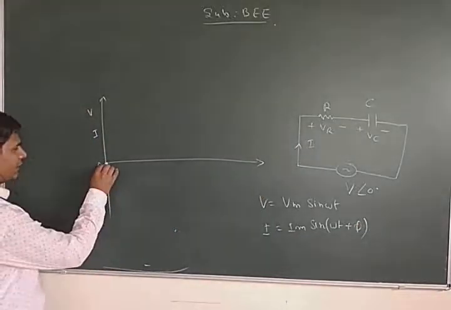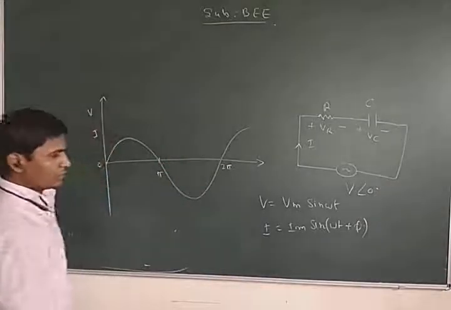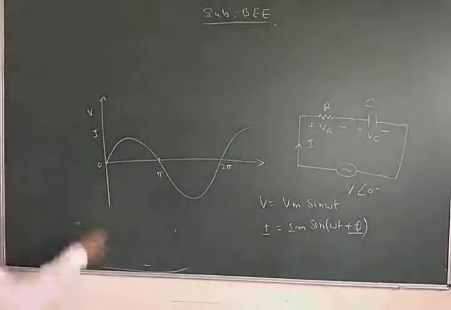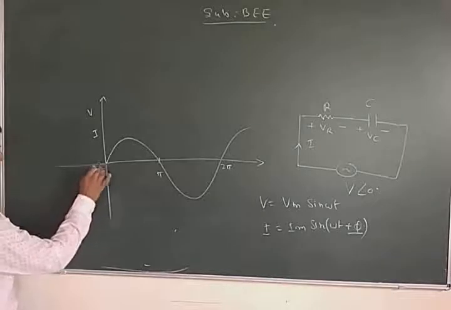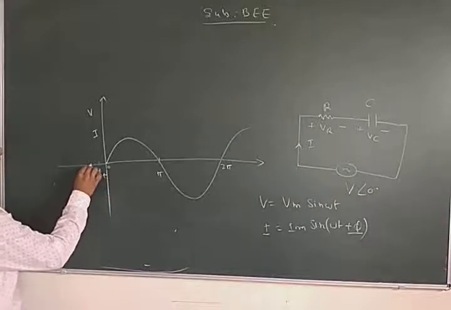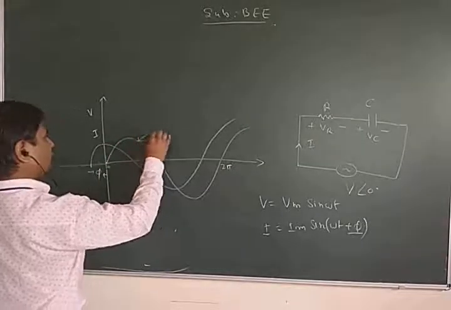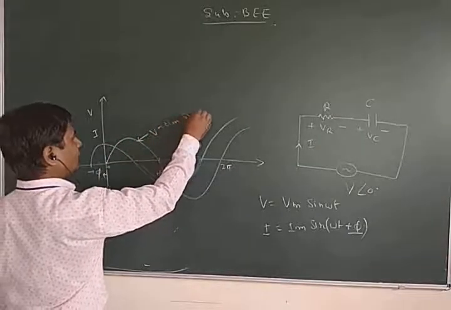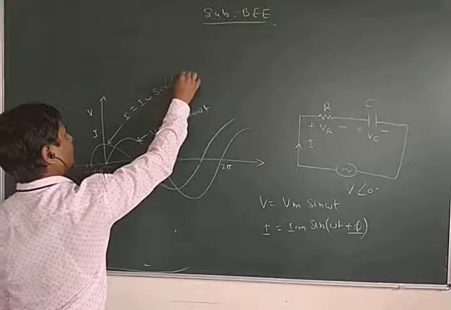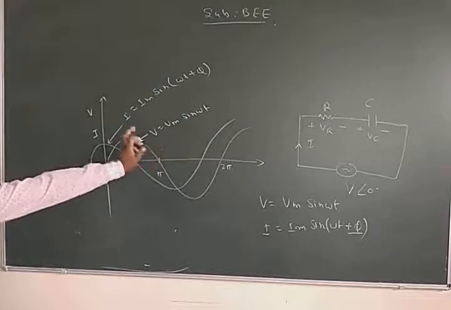So if we take the voltage wave as reference, from phi to 2 pi, the current is omega t plus phi, meaning plus phi means leading, so plus phi is here. So the current wave is this. V is equal to Vm sin omega t and this is I equal to Im sin (omega t plus phi). This is the voltage wave and current wave.